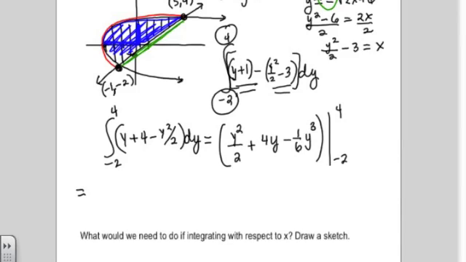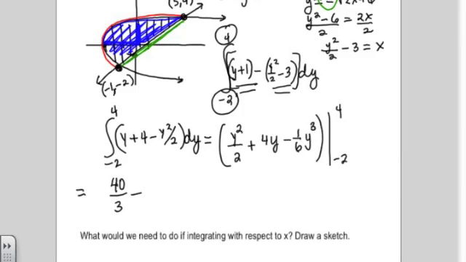Okay, so when I plug in 4, I get 16/2, so 8 plus 16 plus 4 cubed is 64, so I need minus 64/6. So for my first number, I get 40/3. And then minus, so when I plug in -2, I get -2 squared is 4/2, so 2 minus 8.